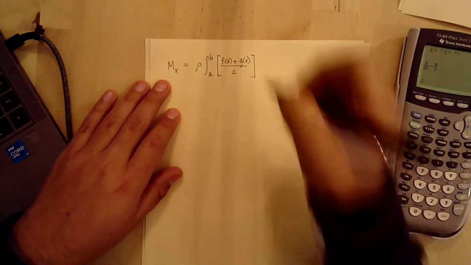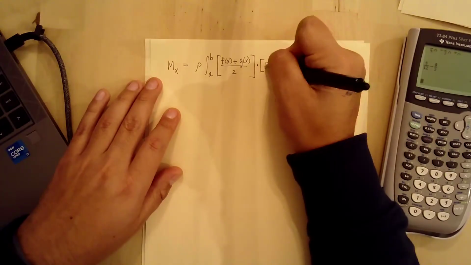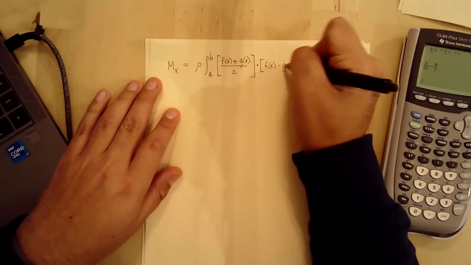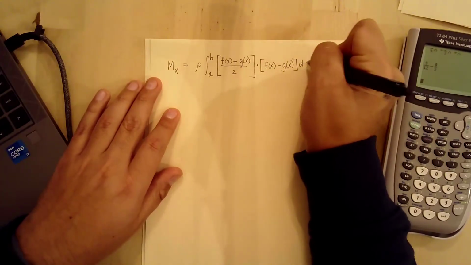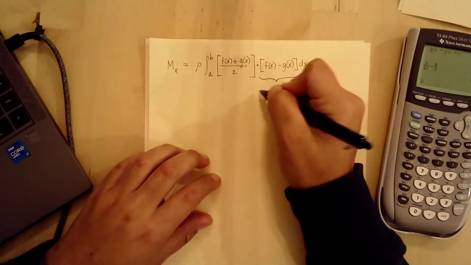There's the midpoint, times the area, which is the top function minus the bottom function, dx. So let's not kid ourselves. We already know what this is.